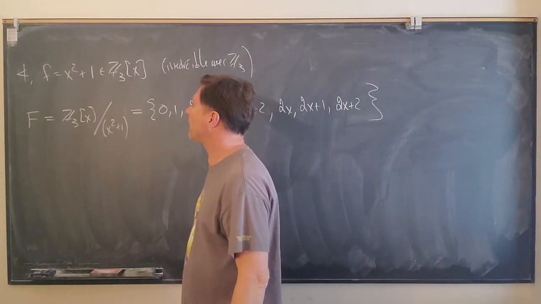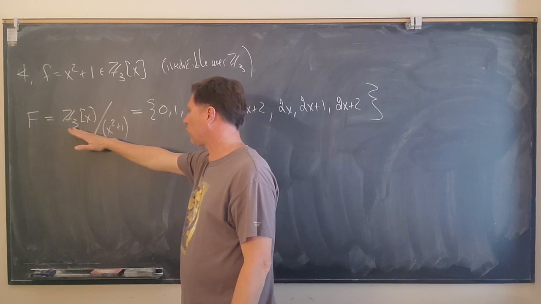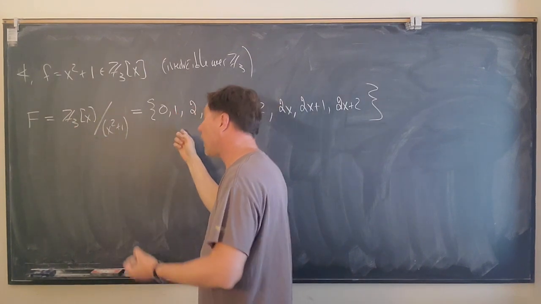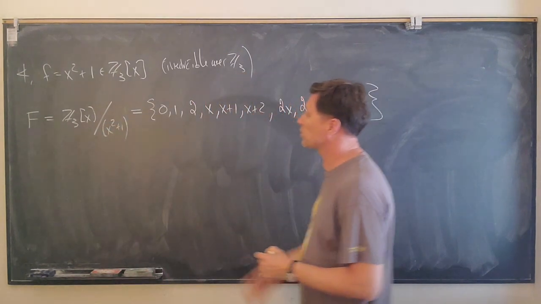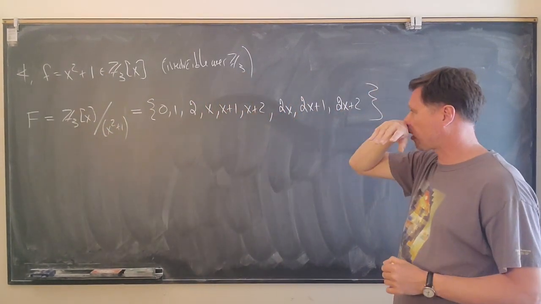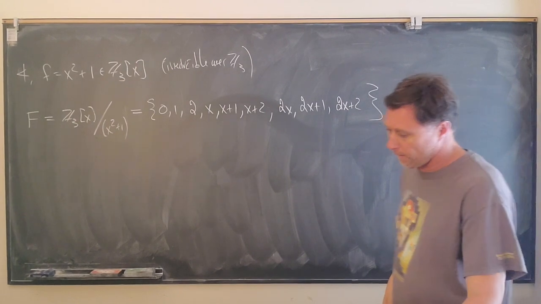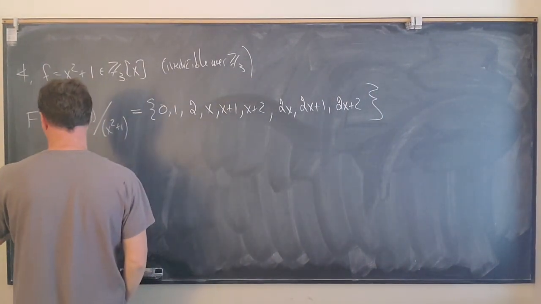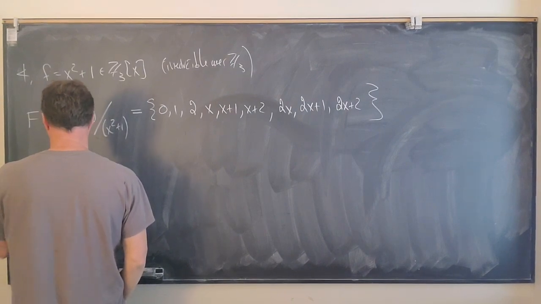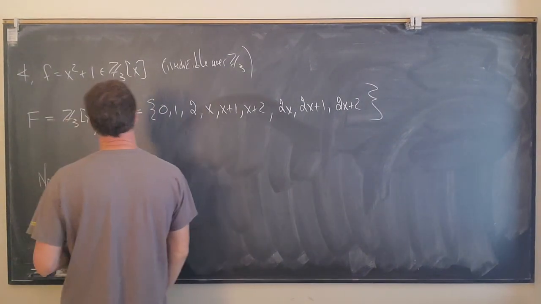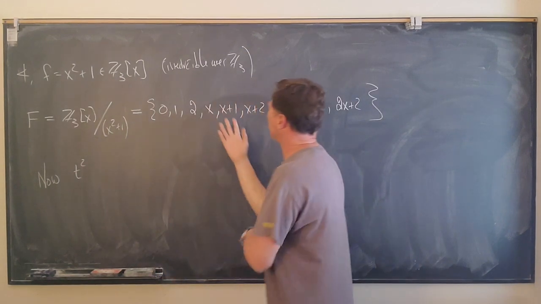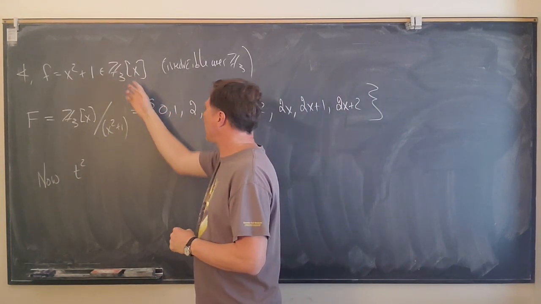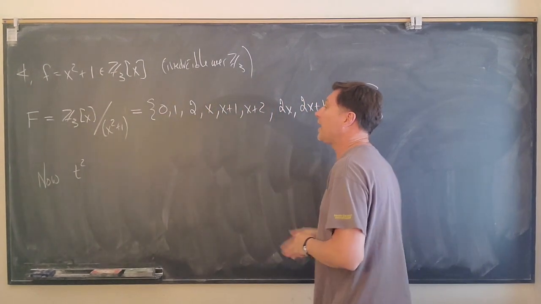And so really the elements of this quotient are 0 plus the ideal generated by x squared plus 1, 1 plus the ideal generated by x squared plus 1, and so on. I'm just writing down the coset representatives. Now, x was a variable, but now it's really an element of the field.